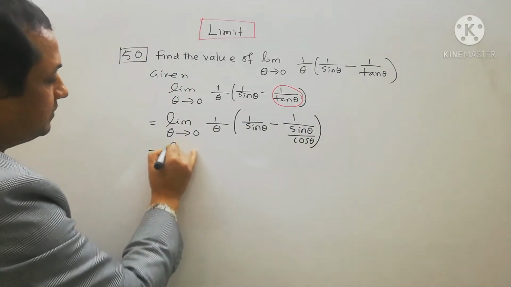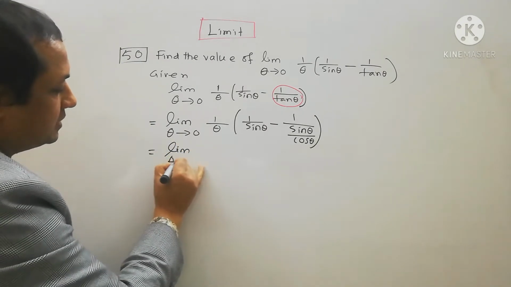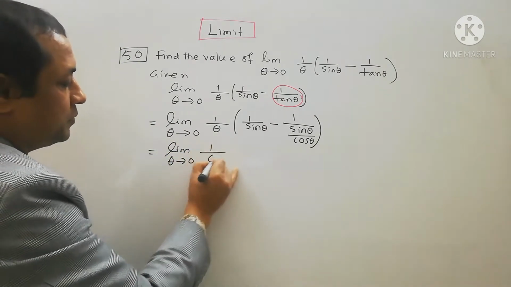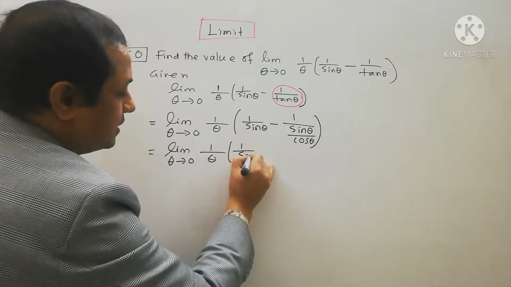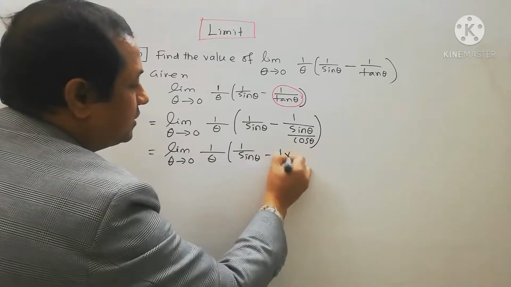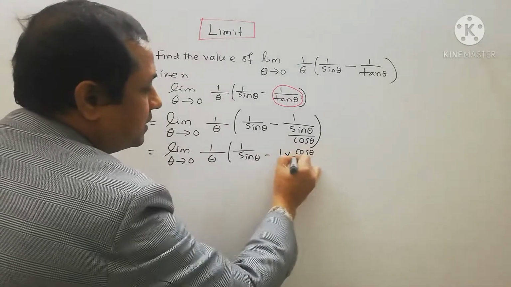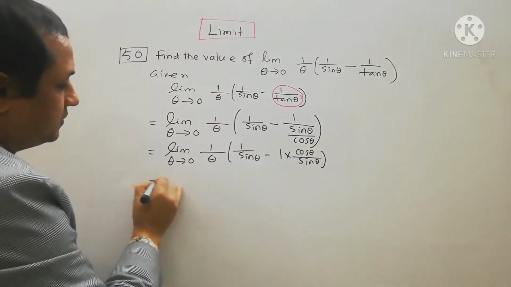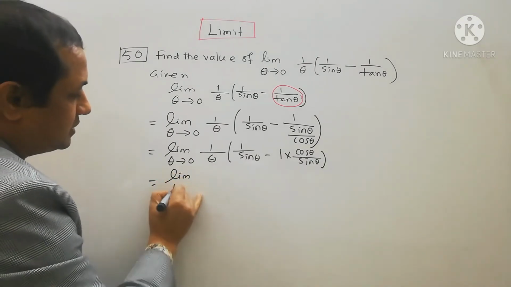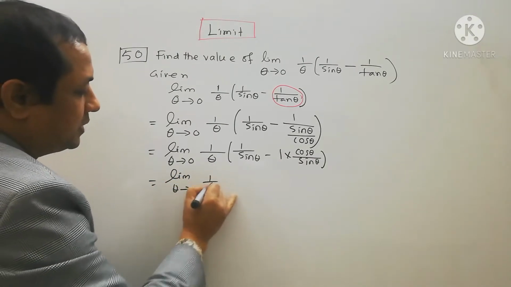Now limit theta tends to 0, 1 by theta, 1 by sine theta minus 1 into cos theta by sine theta.